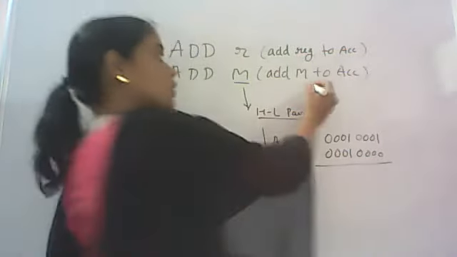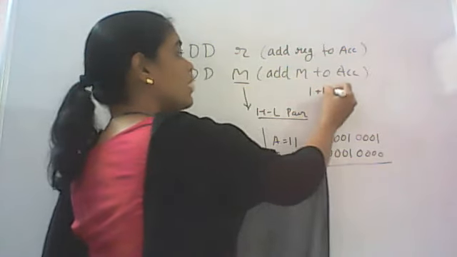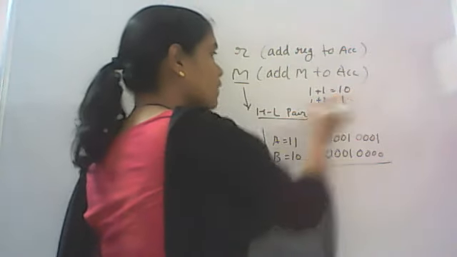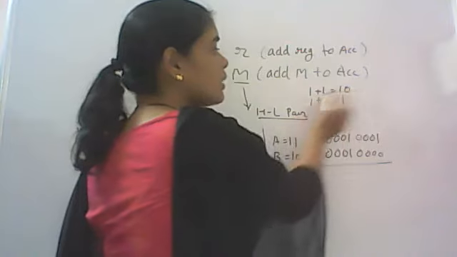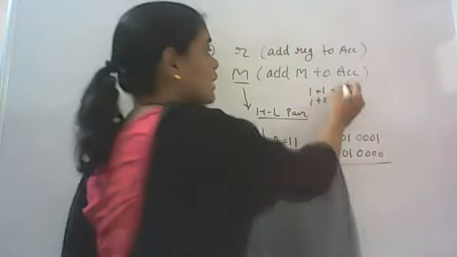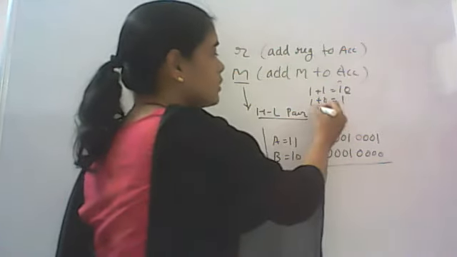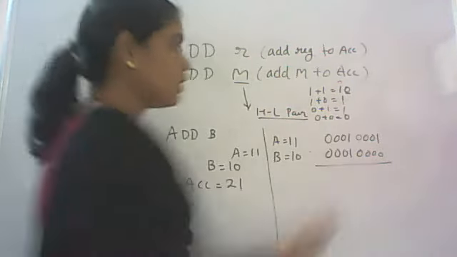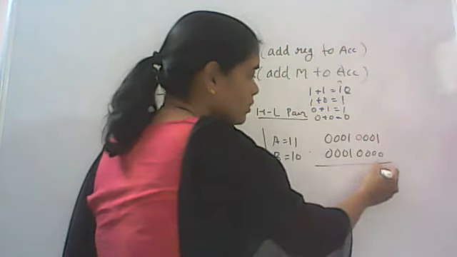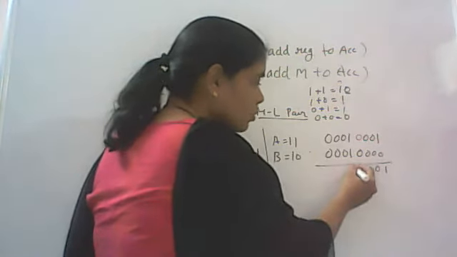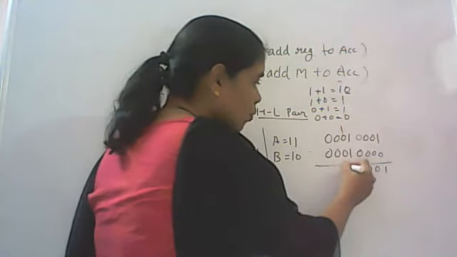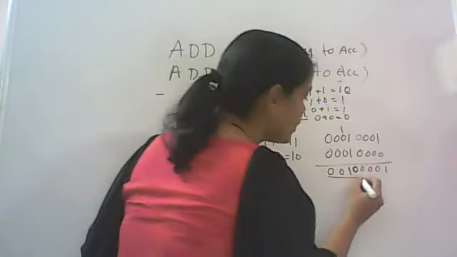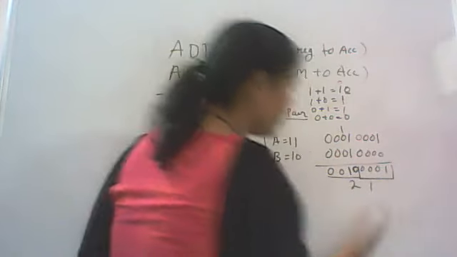In the addition rules, 1 plus 1 equals 10, that is 0 and carry 1. 1 plus 0 equals 1, 0 plus 1 equals 1, and 0 plus 0 equals 0. Applying these rules bit by bit, the number is 2 and 1.